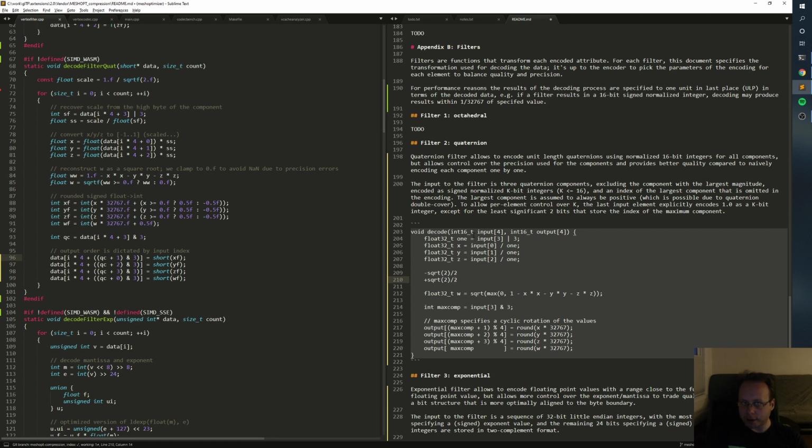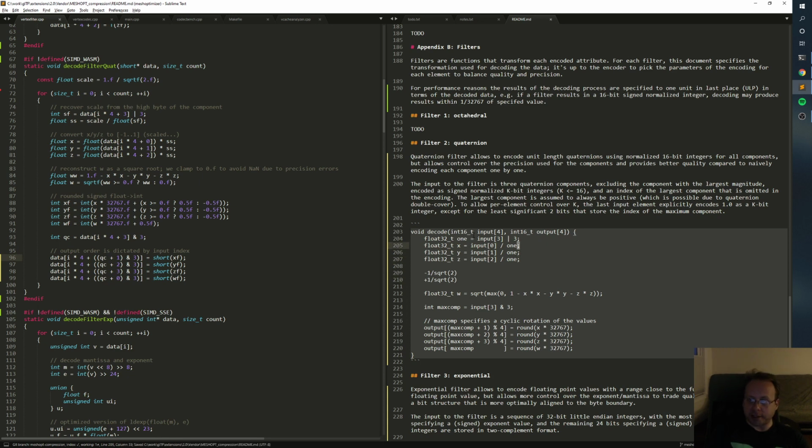Yes, this is right, which is equivalent to -1 over square root of 2. So after this decoding, we get a value that's in the range of -1, right?